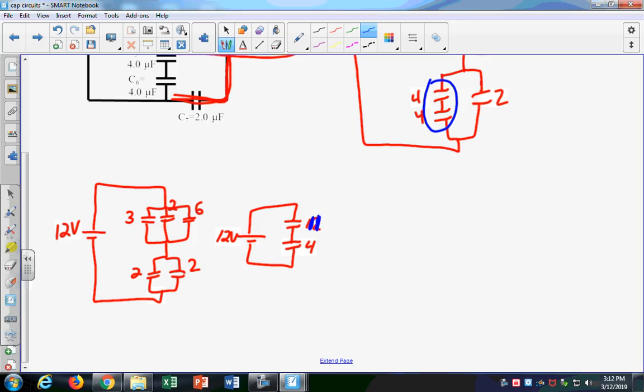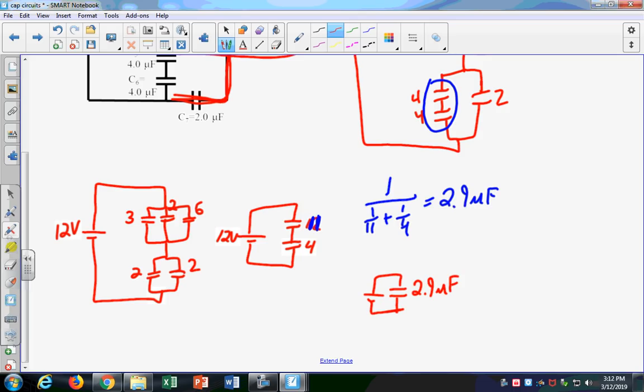So now I have to find the equivalent capacitance. 1 over 11 plus 1 over 4. And that is 2.9 microfarads. And so to find the voltage on each of those, I would say this is 2.9 microfarads with 12 volts, and then I want to know what is the charge on that.